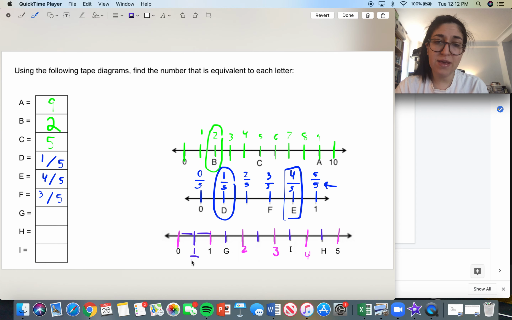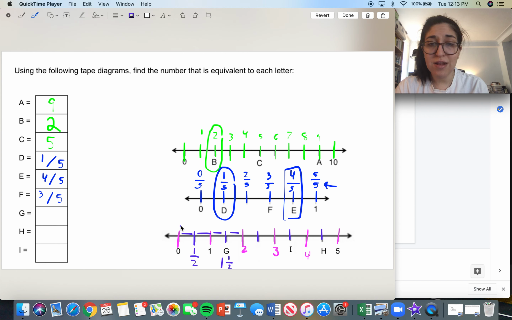So this is going to be half. Now this one here falls right between 1 and 2. So it's also halfway between 1 and 2, and these need to be the same. But it's not just a half, it's 1 and a half. Why is it 1 and a half? Because it's 1 and then a half more. If I added another half to this, I'd get to 2.